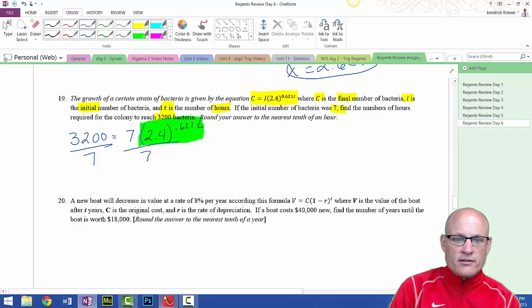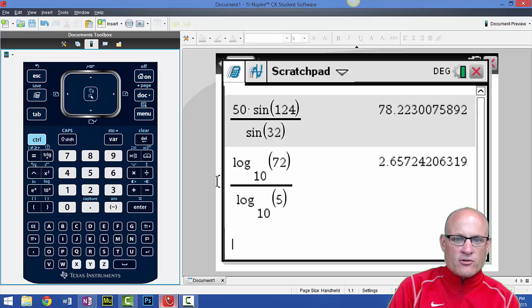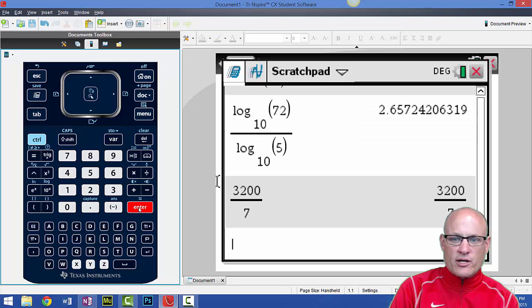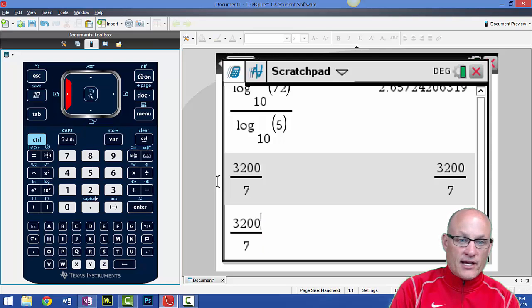I'm just going to leave it as 32 over, maybe not. Go over here to my calculator. I'm going to do 3,200 divided by 7. Enter. Decimal point.